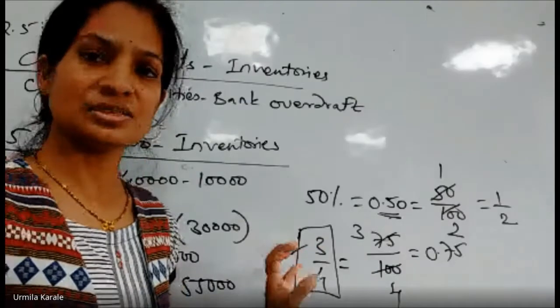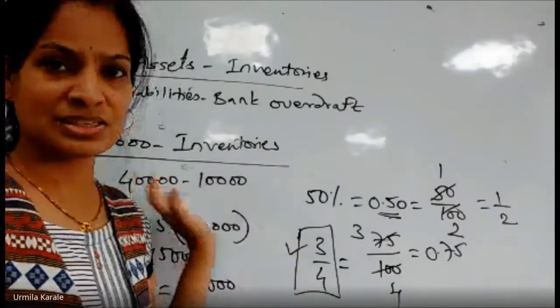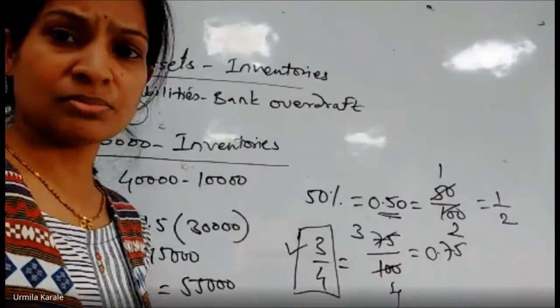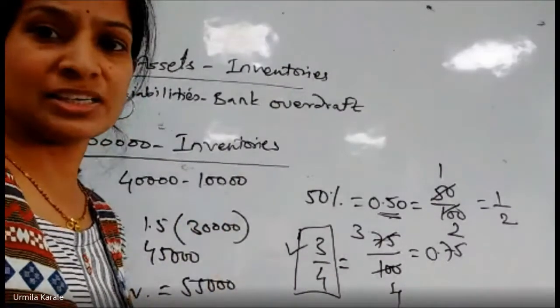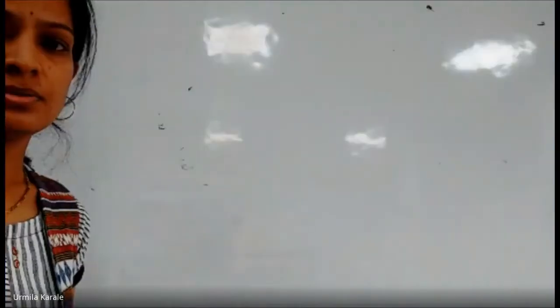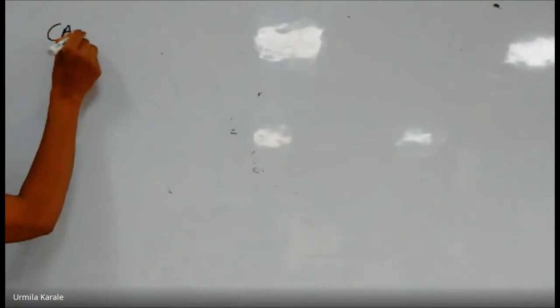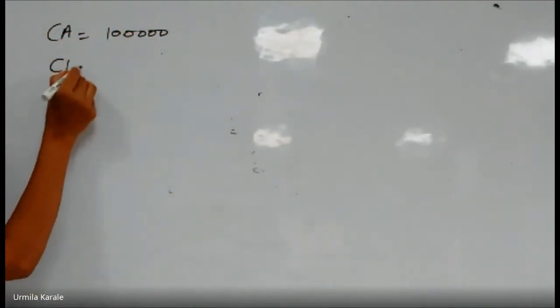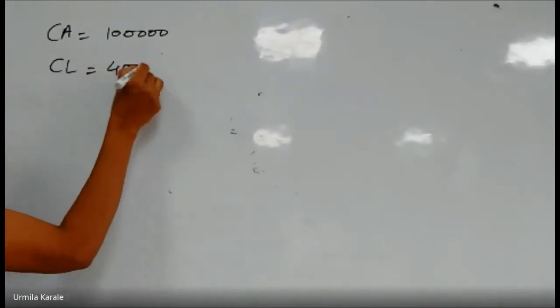To understand these mathematical parts, you can very easily solve all these sums, right? So we just add some more details to the sum. Okay, just a minute. Now, what details have you got by solving the sum? You came to know current assets come to 1 lakh. Current liability comes to 40,000.